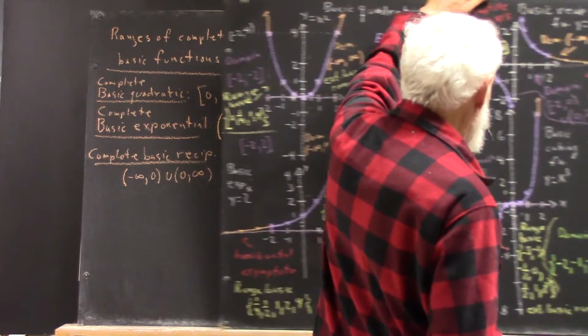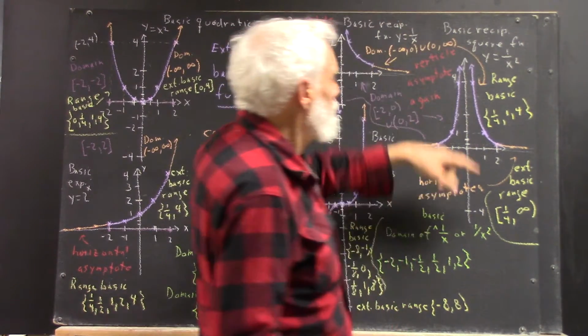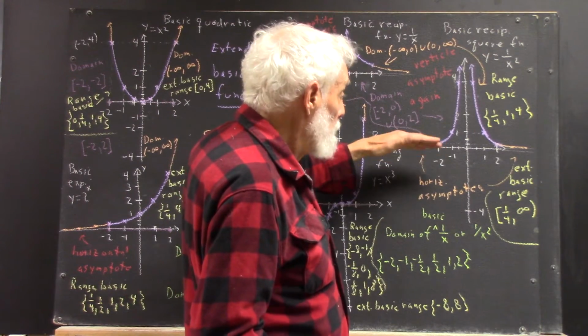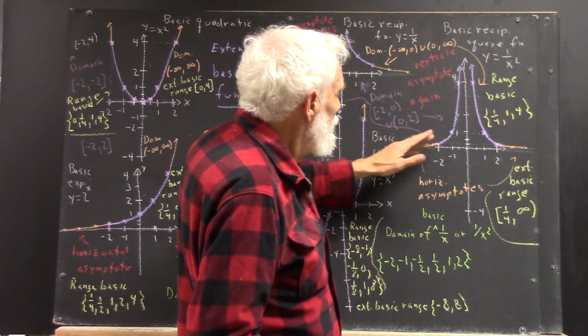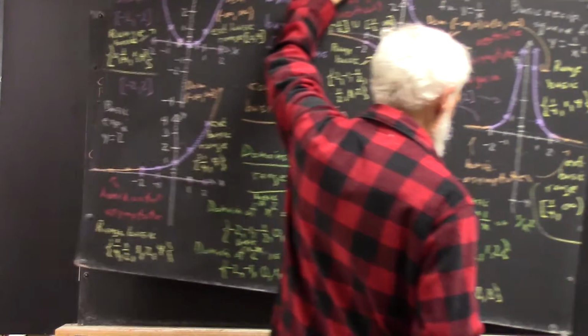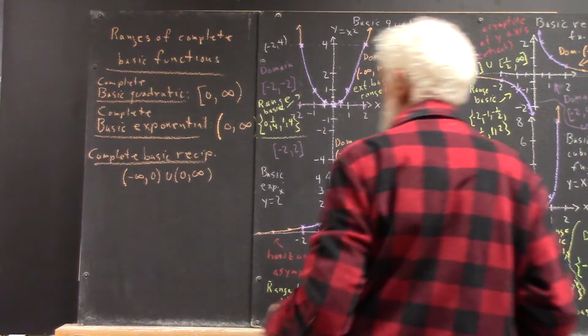for the basic reciprocal square, very similar. We can't reach 0. Y can't reach 0, no matter how big x gets, but it can be any number above 0 and goes on to infinity. So, and it can't be negative because reciprocal square can't ever be negative.